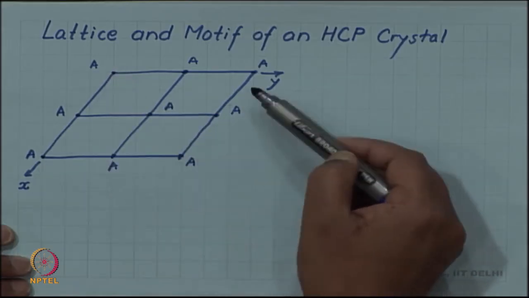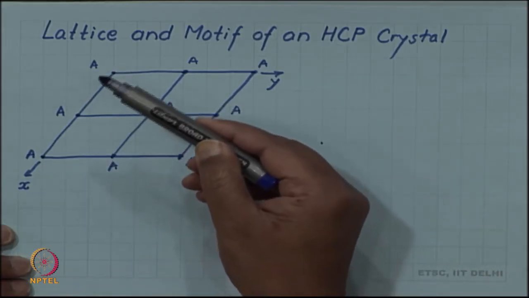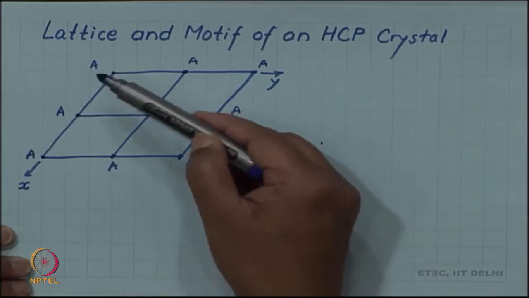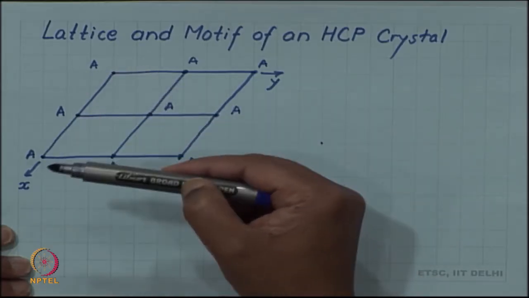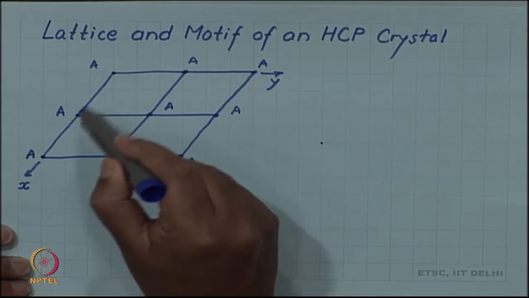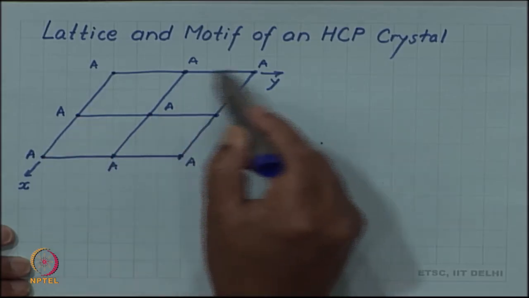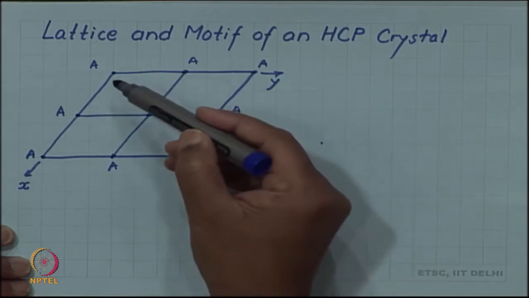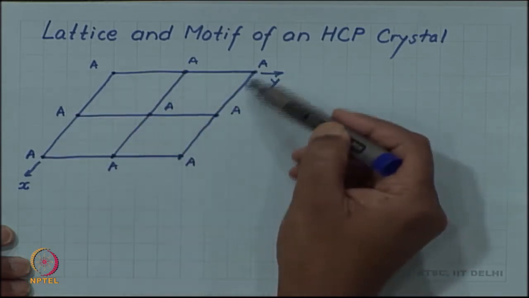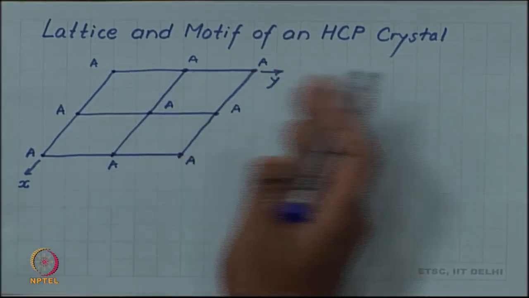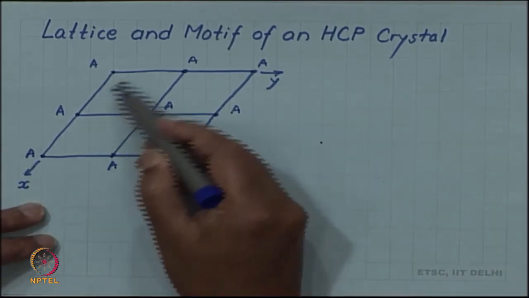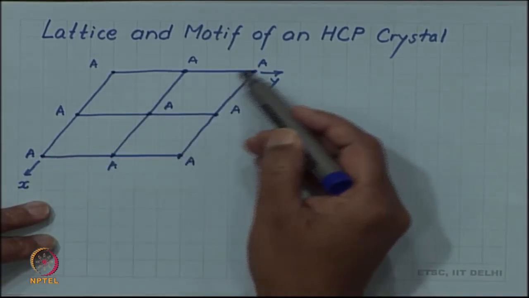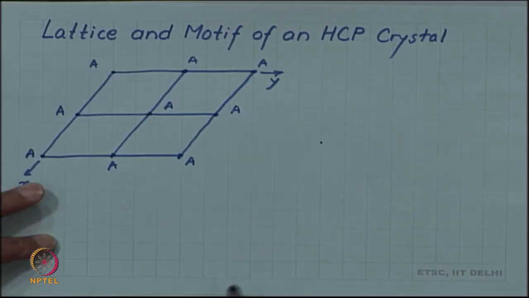So, such A layers will repeat at each c distance. After a height of c there is another A layer, but those locations will also project exactly at these points, and then at 2c there is a third layer which will also project at these points. So, in terms of projection, all A sites will project at these locations shown here.